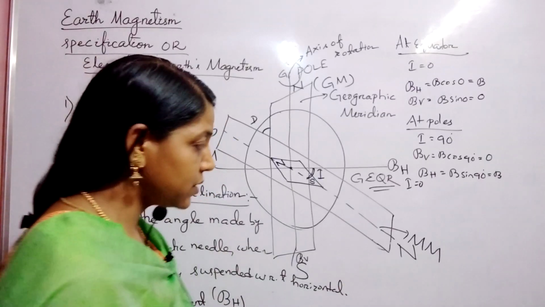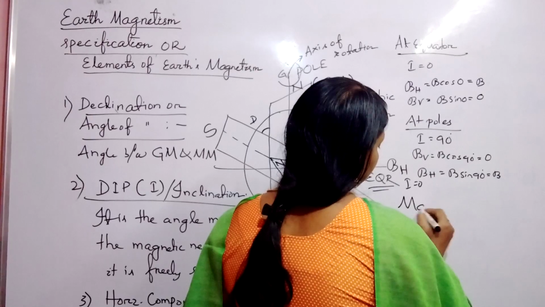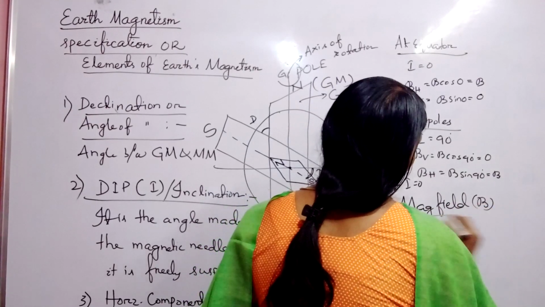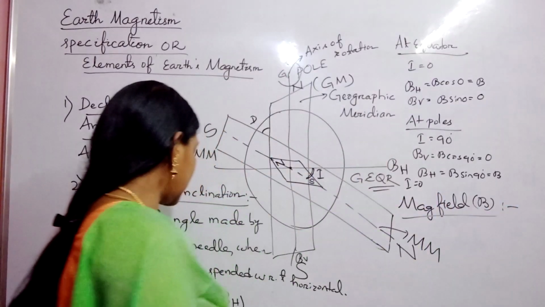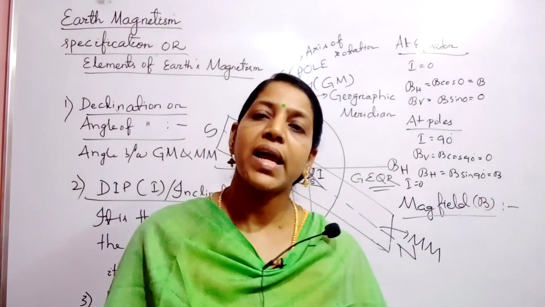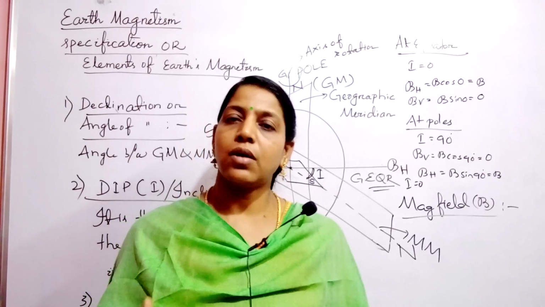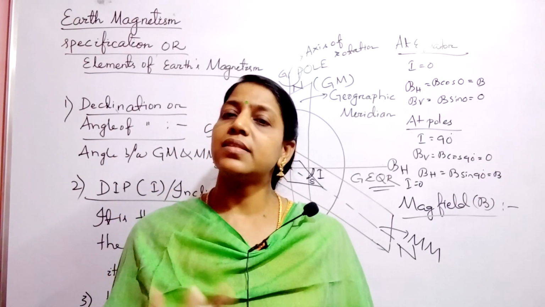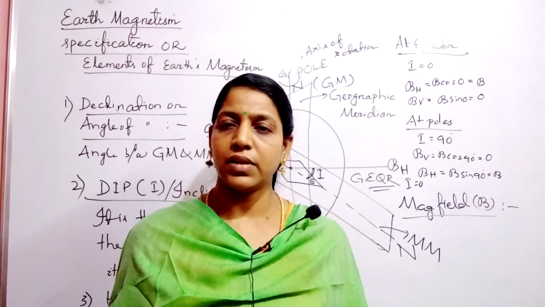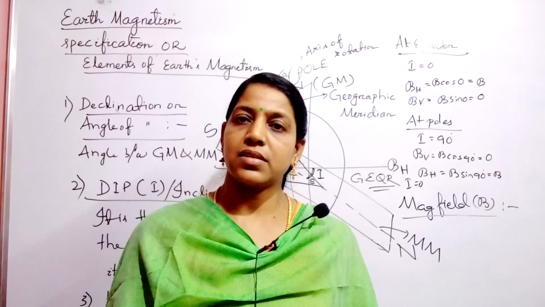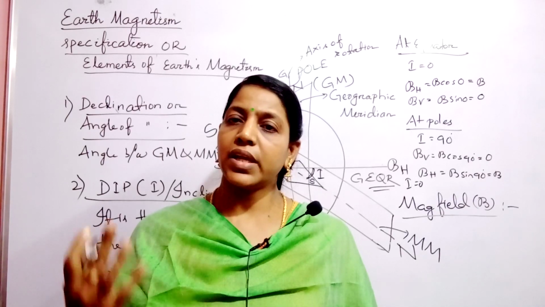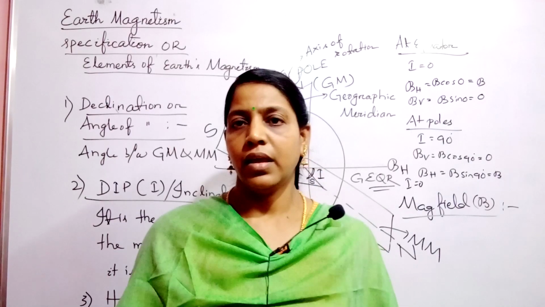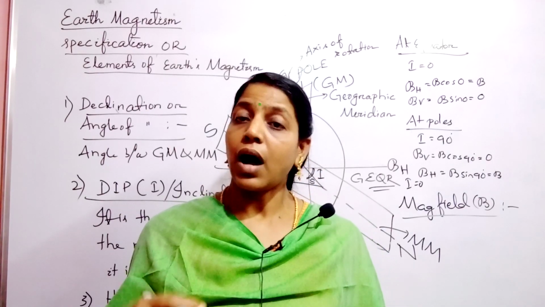Now apart from this, there is the definition of magnetic field. What is magnetic field B? I am telling you about magnetic field, but I did not explain it. So what is magnetic field? It is the space or region around a magnet in which we can experience the field of the magnet.